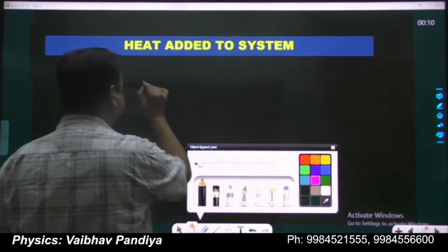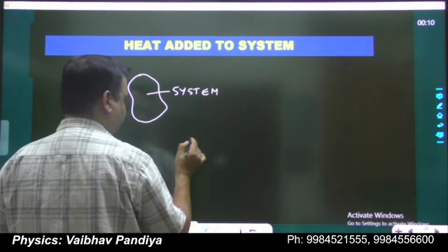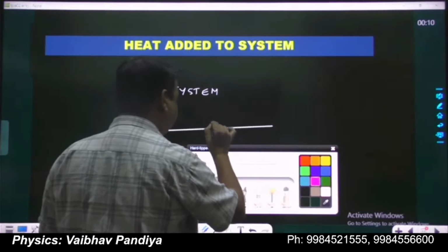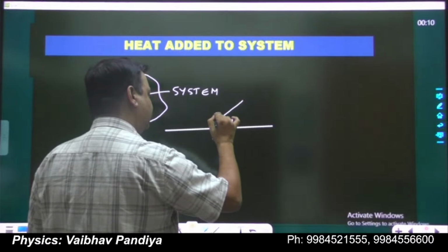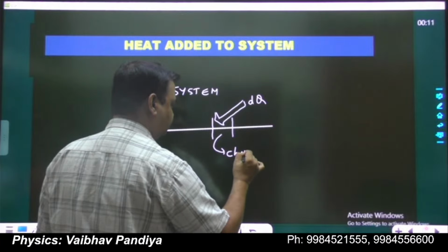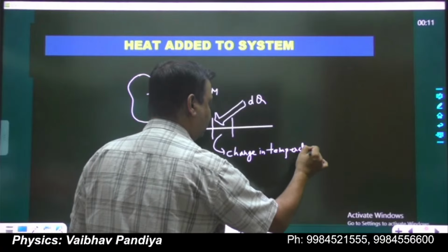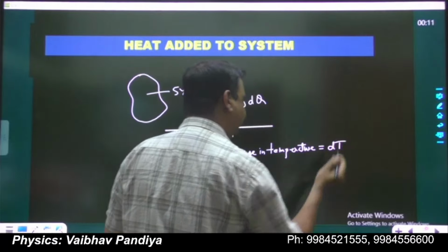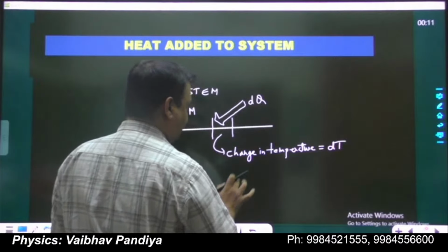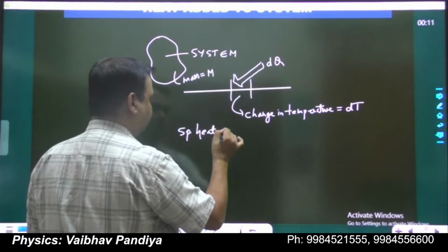So suppose we have a system, and at a particular instant you have given it a heat dq, due to which the temperature got a change, say dT, and the mass of the system is m and the specific heat is small c, okay?